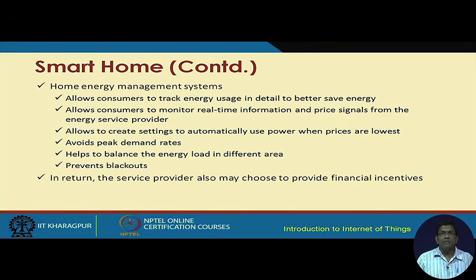This home energy management system also allows consumers to monitor real-time information and price signals from the energy service provider. It also allows them to create settings to automatically use power when prices are lowest. It helps in avoiding peak demand rates, and prevents blackouts and brownouts. In return, the service provider may also choose to provide financial incentives.